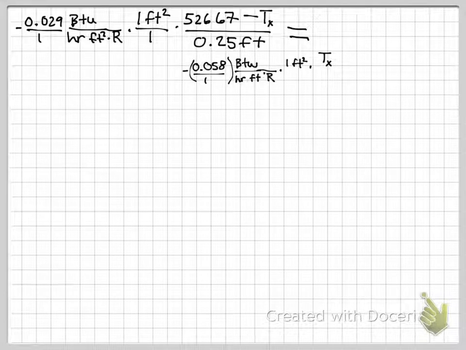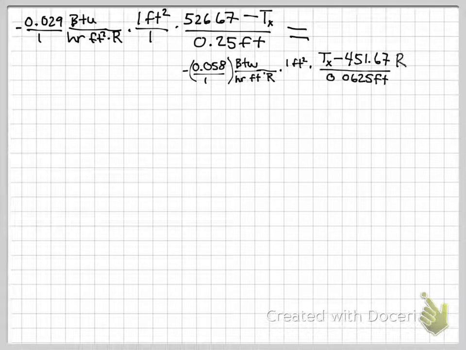Times T sub x minus 451.67 over 0.0625 feet. Of course, this is Rankine. When we look at our units, we're going to see Rankine cancels out.